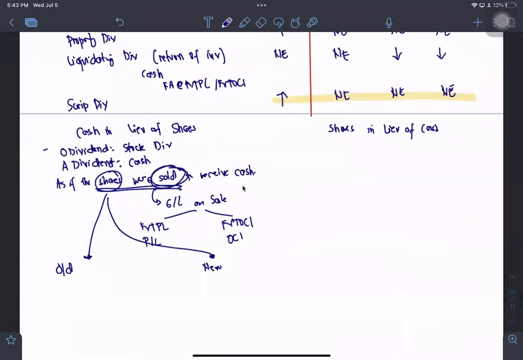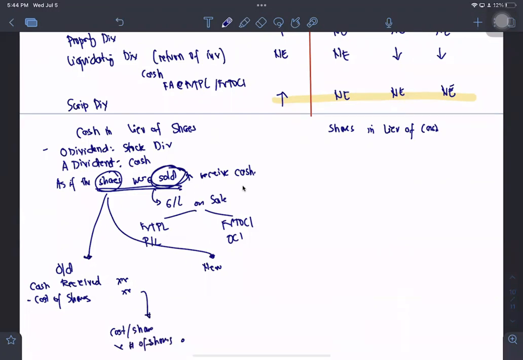So in computing the gain or loss here, we have the cash received, the amount of the actual received dividend, less the cost of shares. What is this cost of shares? This is the cost per share multiplied by the number of shares sold. That's why it's important to determine the effect of an old share dividend.